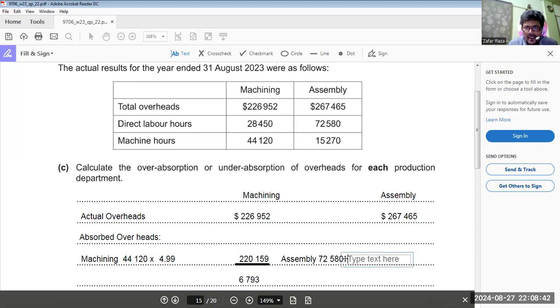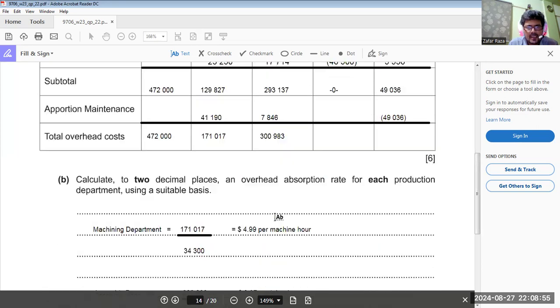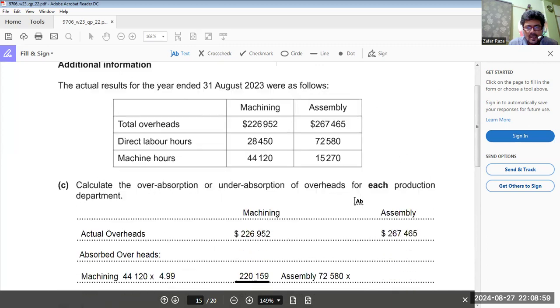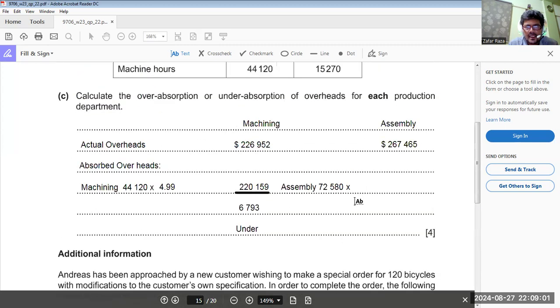Now multiply by the rate we have for assembly department, 3.87.